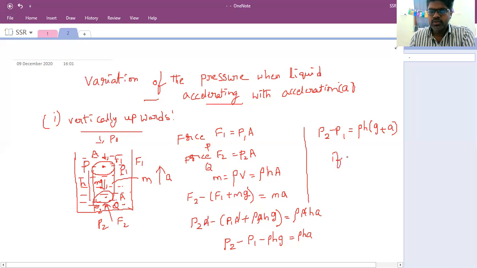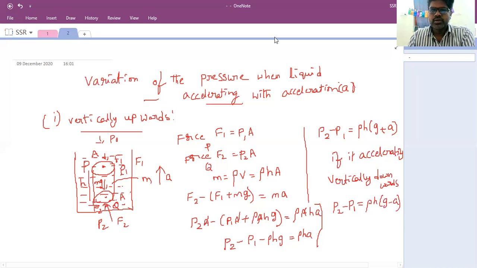So if the liquid column is accelerating vertically downwards, then the pressure difference P2 minus P1 is equal to rho H into g minus a. I hope this is understood by all of you. If it is moving vertically upwards, the pressure difference P2 minus P1 is equal to rho H into g plus a.